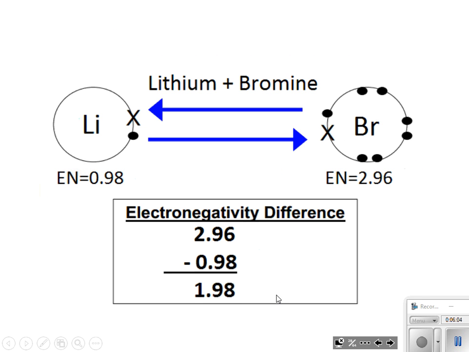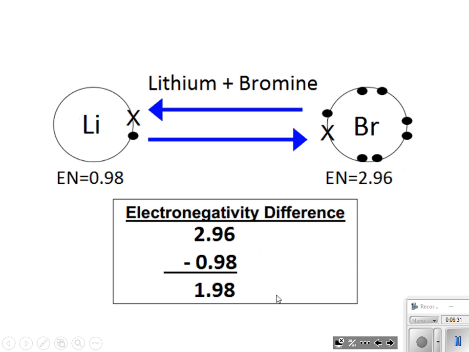Now let's look at this one. Bromine and lithium. 2.96 minus 0.98 gives me a 1.98. That definitely falls into my 1.6 to 2.1, doesn't it? What can you tell me about lithium, though? Lithium is a metal.